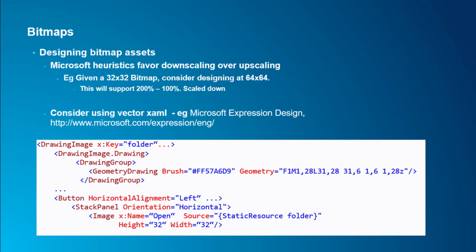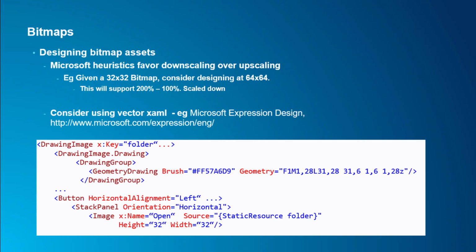What that means is if, let's say, you have a 32 by 32 bitmap and you want to show it at an effective resolution of 32 by 32, if you design that to physically be 64 by 64 pixels, when it's shown on the 192 DPI screen, it's actually going to be shown with absolutely no scaling. It'll be shown with perfect clarity. It'll be shown as good as the bitmap was that you made.